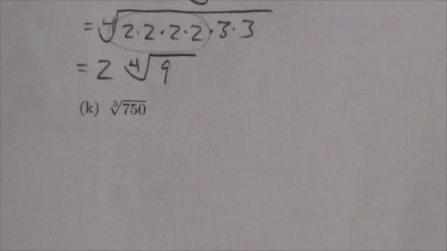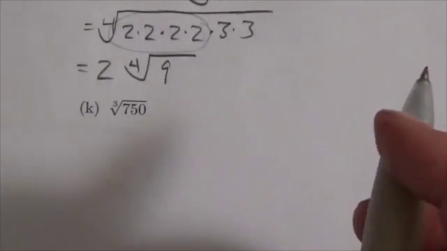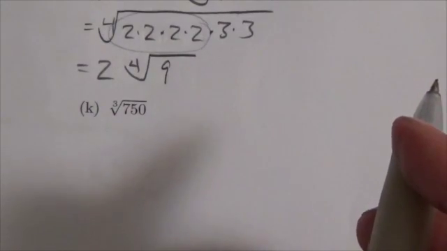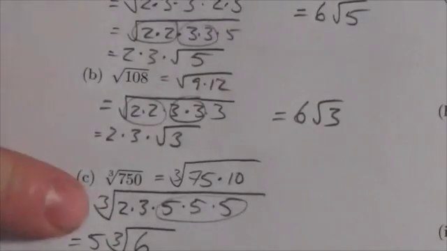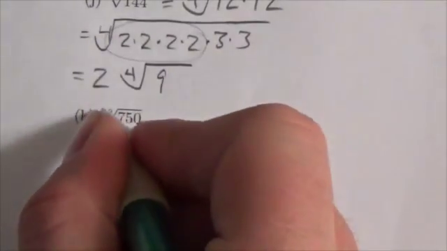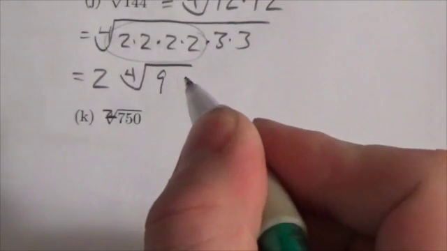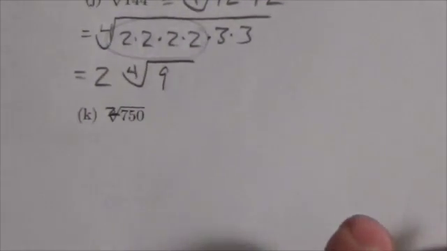And now, last but not least, cube root of 750. The joke is on me because that question was asked up here, so I'm going to change this to the square root of 750, and I will change that on the file.